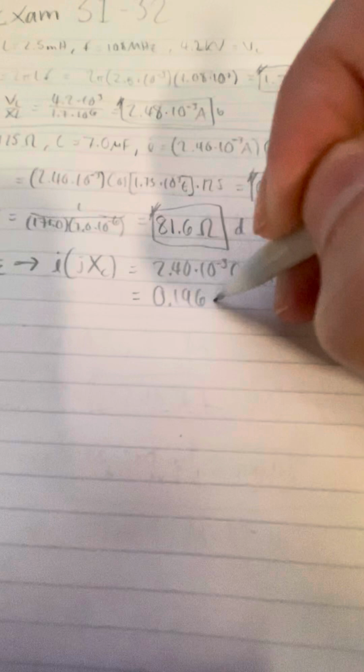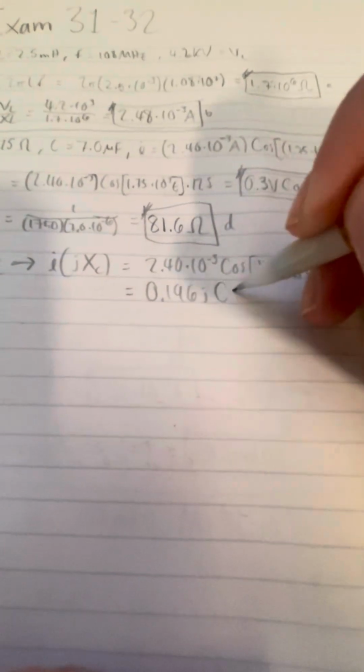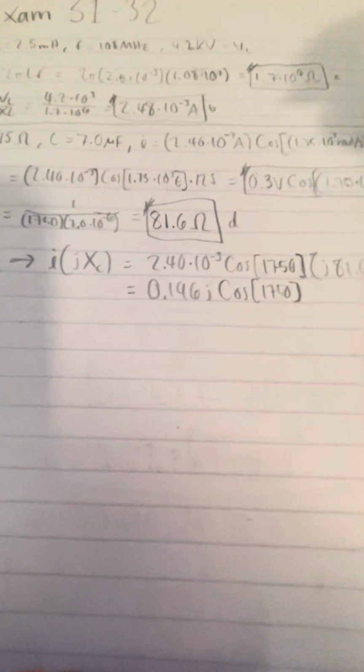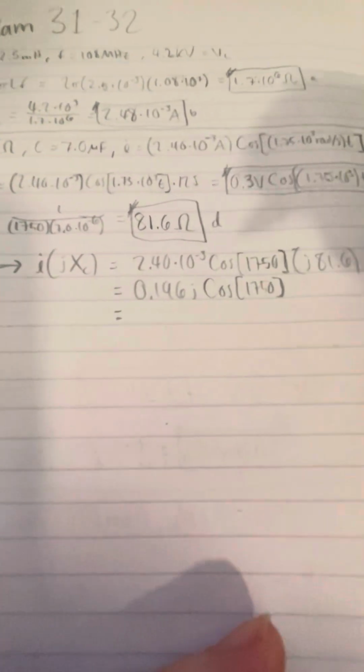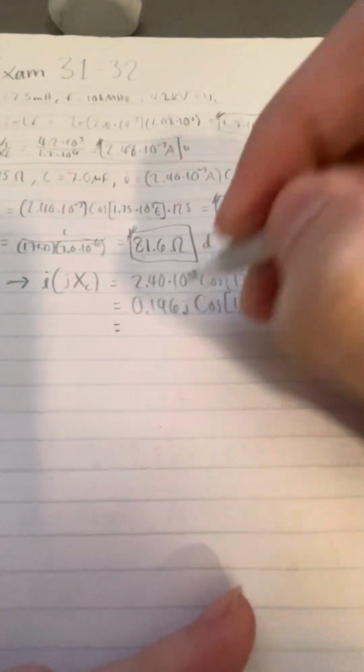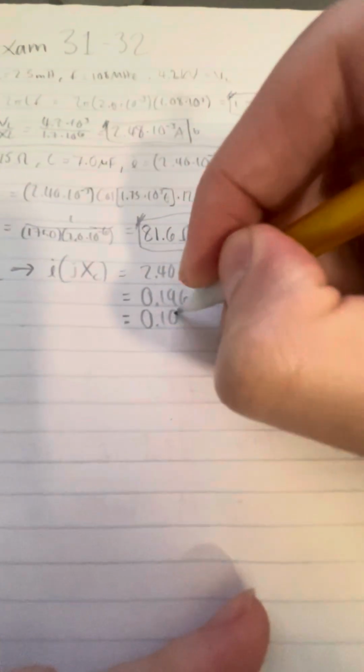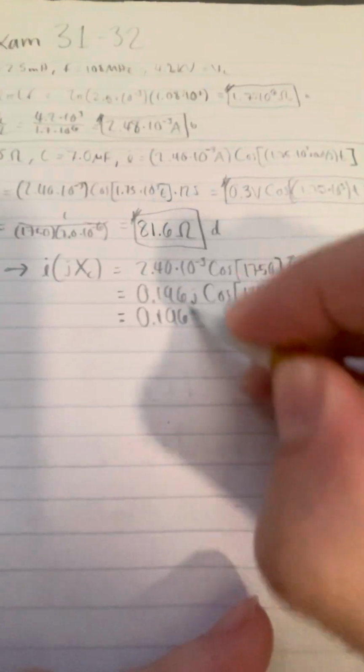Yep, 0.9116. So J, and then we can move the J inside, and then we have 0.196, and then cosine of that expression, and then minus the pi over 2 from the J. You're moving this into our cosines.